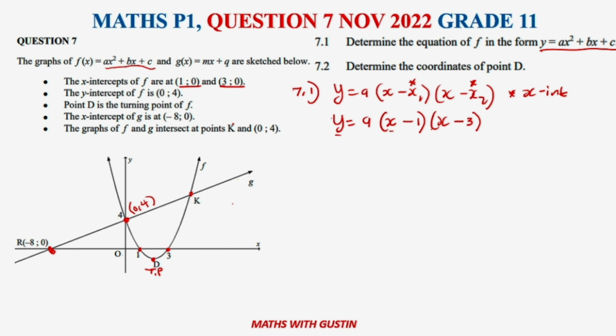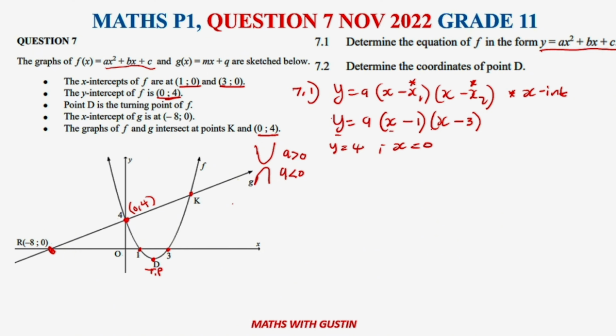I'm going to pick the y-intercept, so when x is 0, y is 4, and we substitute to find the value of a. If a graph is smiling, a is greater than 0, and if the graph is sad, a is less than 0.